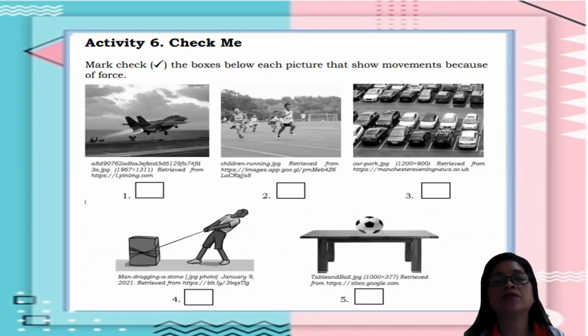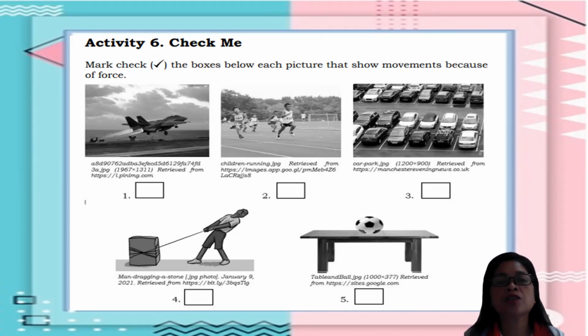Activity 6 na tayo. Check me. Mark, check the boxes below each picture that show movements because of force. Now let's examine the pictures. For number 1, is an airplane in motion? Or is it moving?